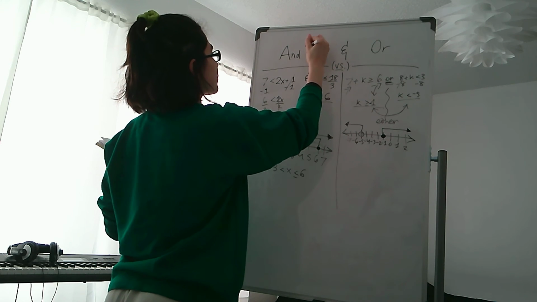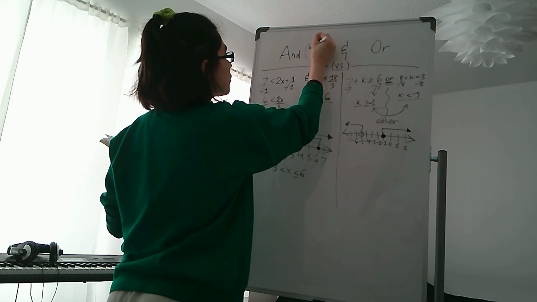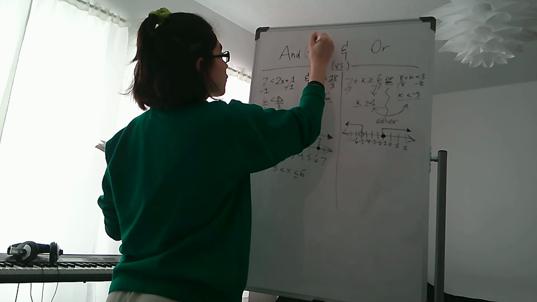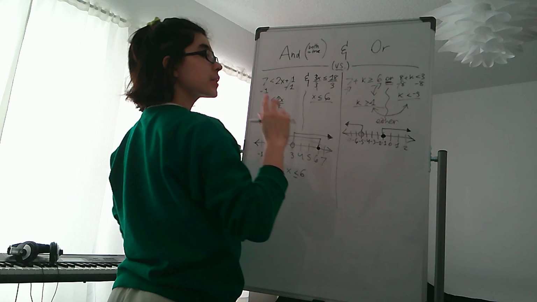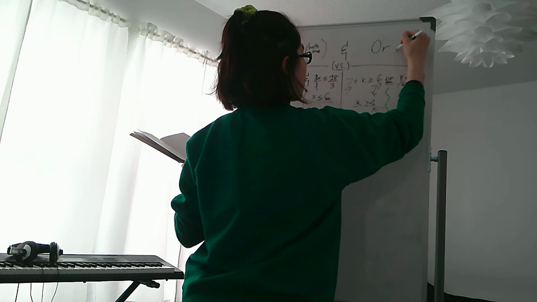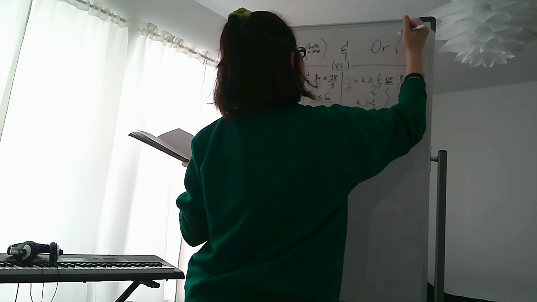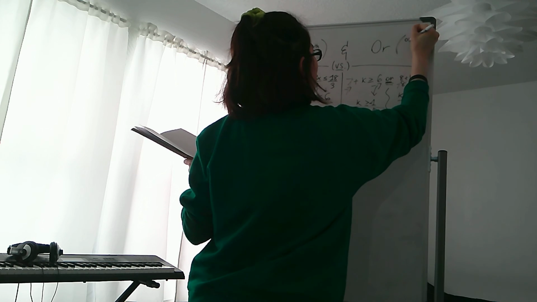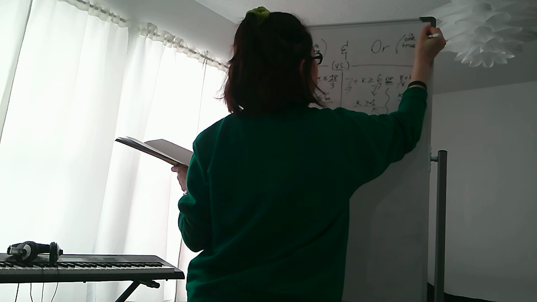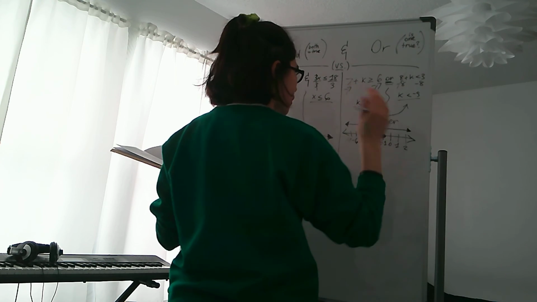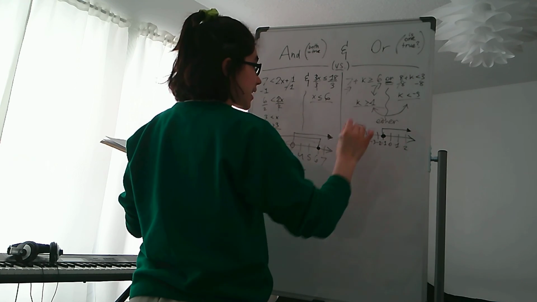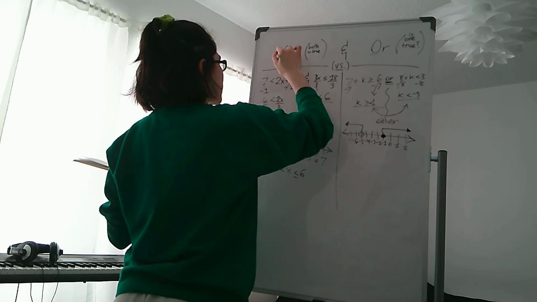This is what you've got to look for with an and inequality: does your set of solutions make both inequalities true? Whereas with an or inequality, you're looking for whether one is true, because you really can't satisfy both. And this is an example of why, because it is an or inequality versus the and.